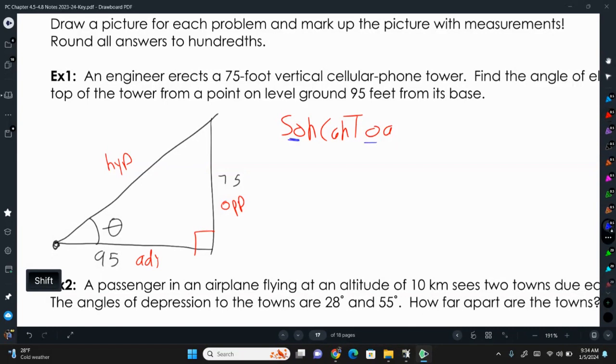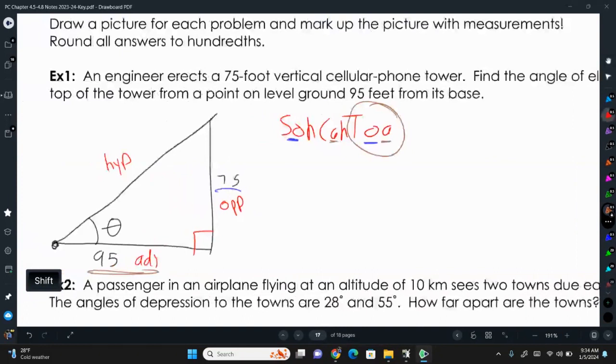I'm given the opposite side, and I'm given the adjacent side, so I underline the O's and the A's, and whichever one has 2 underlined next to it is the trig function I use. So then the tangent of theta is equal to the opposite over adjacent, so 75 over 95.